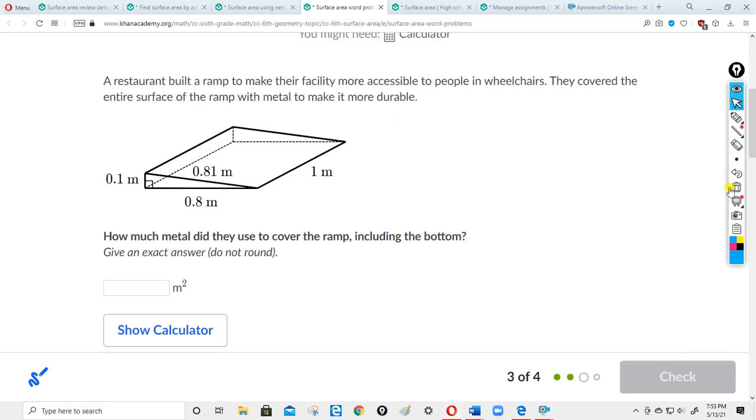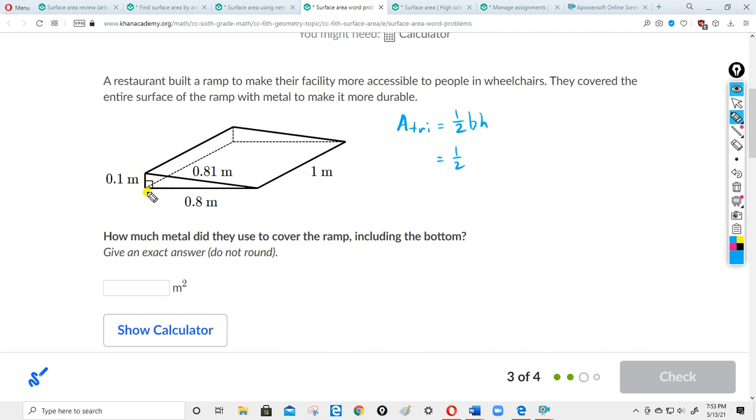Okay, last one. A restaurant built a ramp to make their facility more accessible for wheelchairs. They cover the entire surface with metal to make it more durable. How much metal did they use, including the bottom? Let's do the triangles front and back. Triangle is 1/2 base times height. For a right triangle, the base and the height are just side lengths.